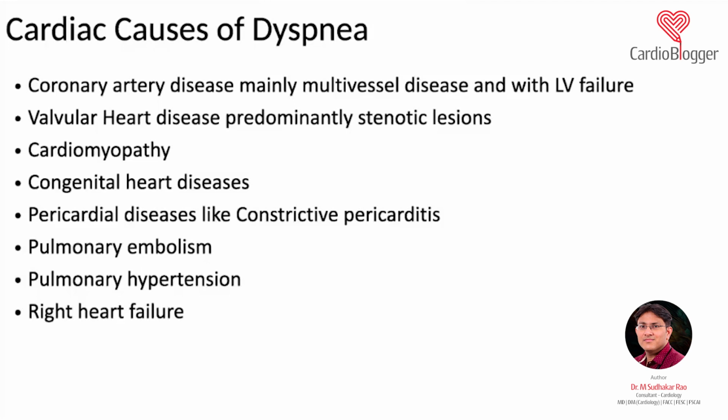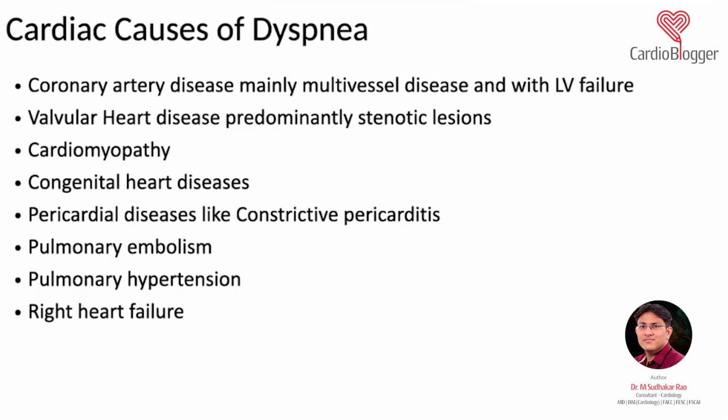That is one reason for them to have dyspnea, and they also have ventilation perfusion mismatch. Other causes of dyspnea in congenital heart disease include cyanotic congenital heart disease, where there is a right to left shunt. Because of the right to left shunt, hypoxia occurs, hypercarbia occurs, which activates the chemoreceptor, which increases the work of breathing and causes dyspnea. So that is the cause of dyspnea in cyanotic congenital heart disease.